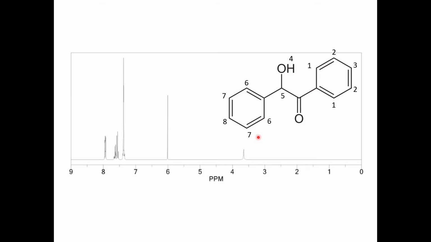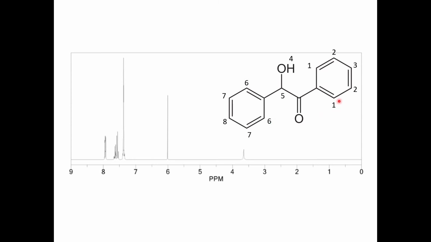And what about the NMR? So again, the NMR is a little bit harder to read. And what makes it even worse is that we have lots of types of hydrogens. So I've labeled here all the similar hydrogen types. So these hydrogens are the same. These hydrogens are the same.